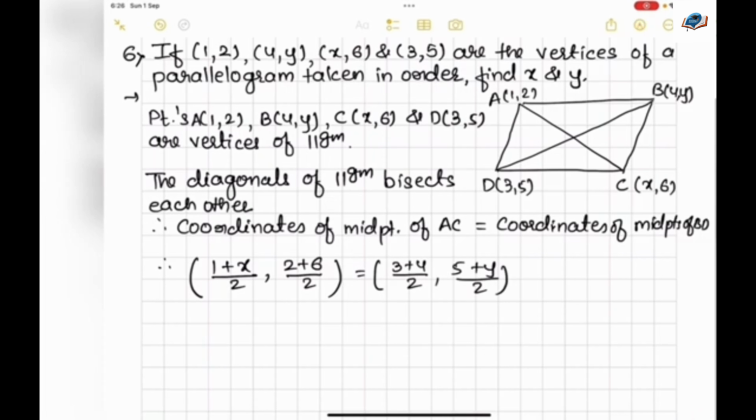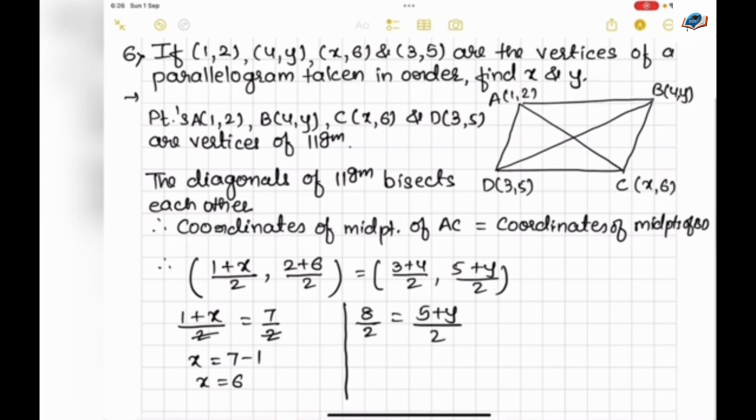Now, if I compare (1 plus x) by 2 equal to 7 by 2, so I can say x equal to 7 minus 1, so x equal to 6. Same way, on the other hand, comparing 8 by 2 equal to (5 plus y) by 2, 2 to cancel, so y equal to 8 minus 5. So y equal to 3. So I got both the values of x and y.